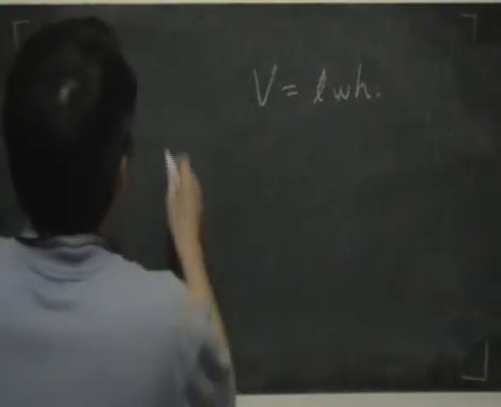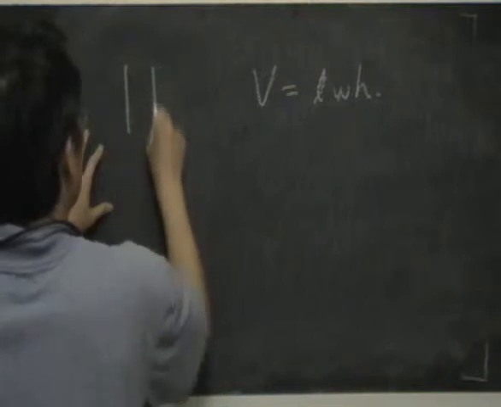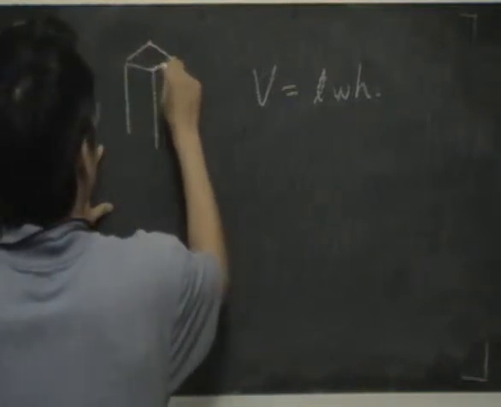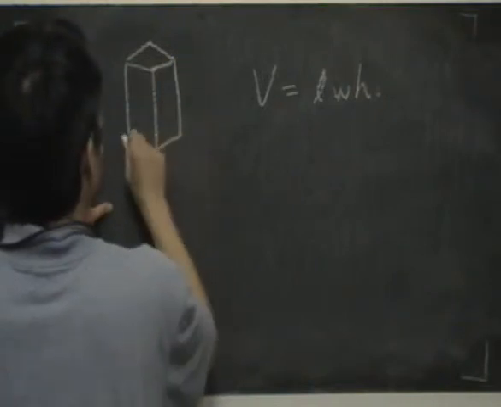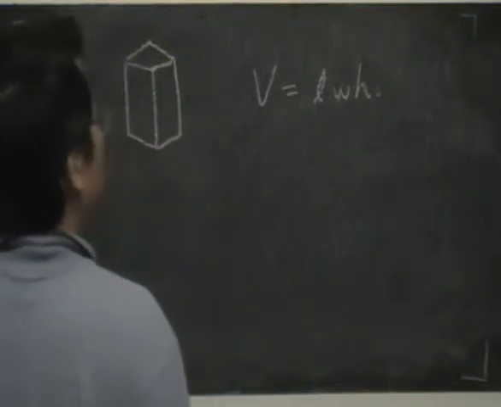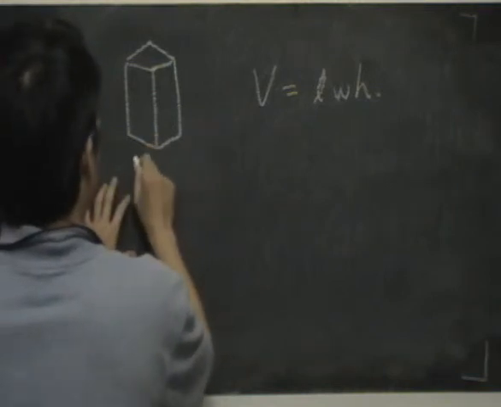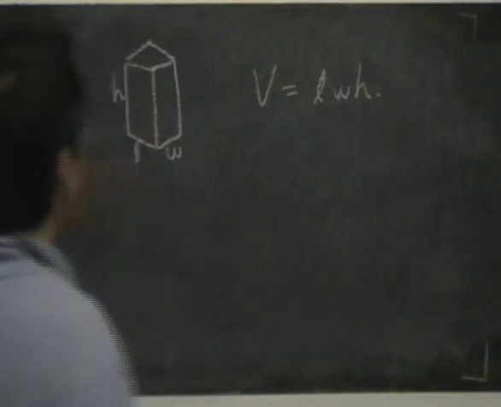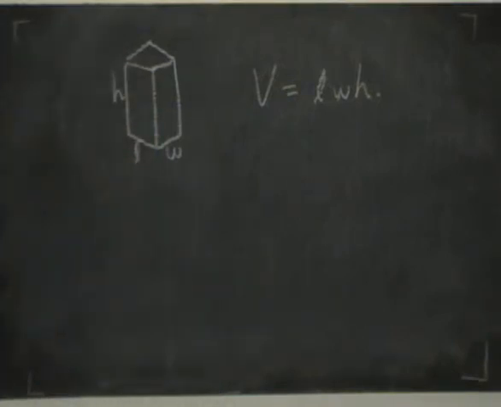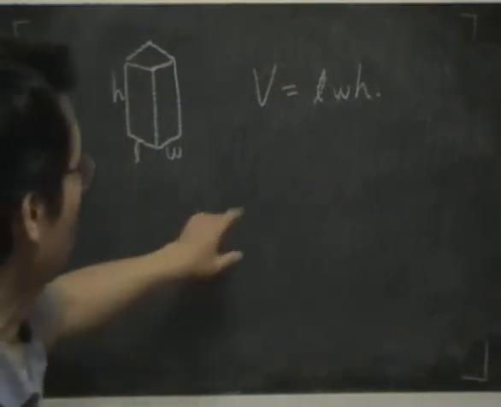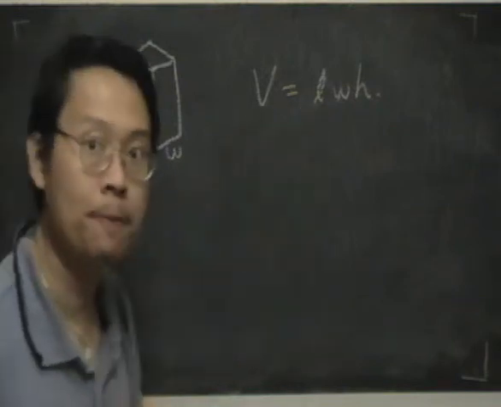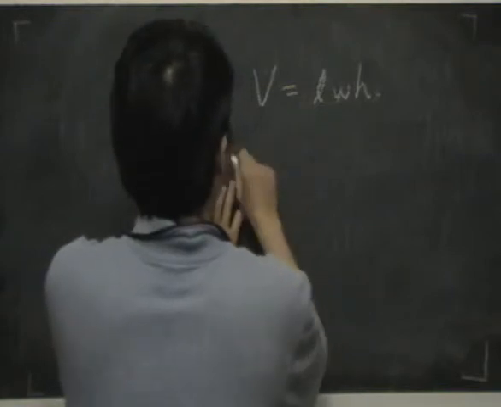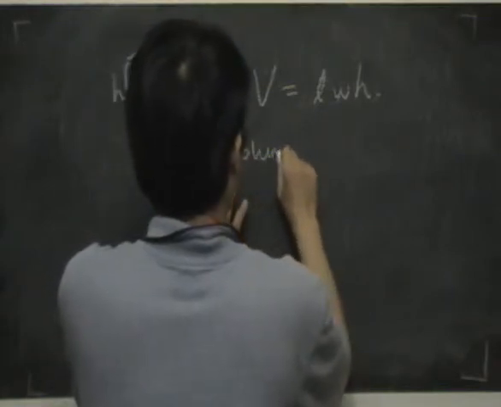Now I'm going to draw it so that it looks a bit taller. Okay, and that's the length, that's the width, that's the height. Now I'm going to rewrite this formula a little bit. Volume, let's do the volume.